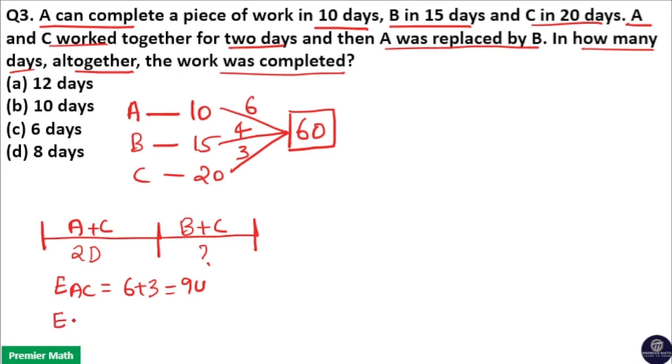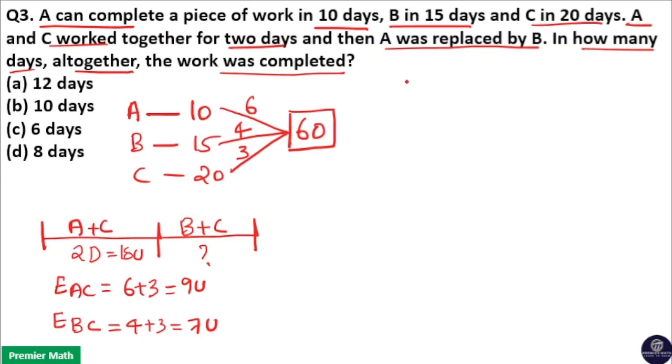And efficiency of B and C is 4 plus 3, 7 units. Now A and C worked for 2 days. In 1 day A and C can complete 9 units of work. In 2 days A and C can complete 18 units of work.